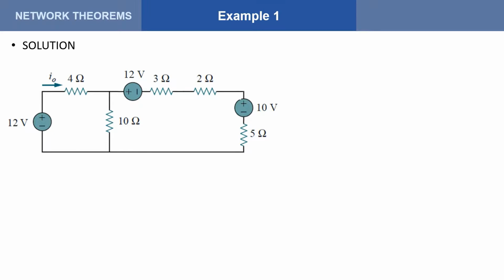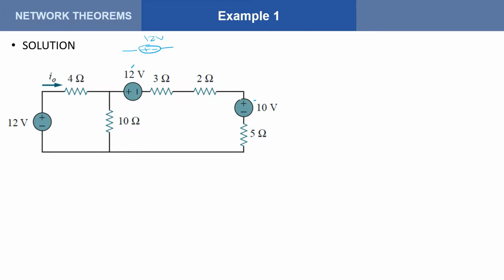Okay, so notice that we have here several elements that are in series. So for example, 12 volts and 10 volts are in series, although they are not near each other, they are considered series. Okay, so we can, so this is our 12 volts.